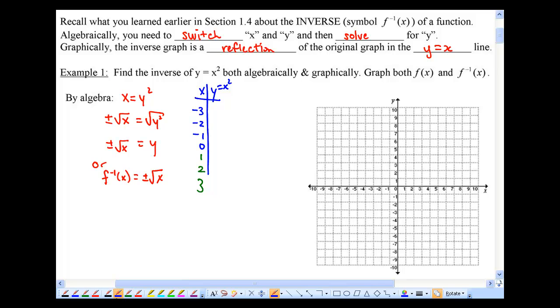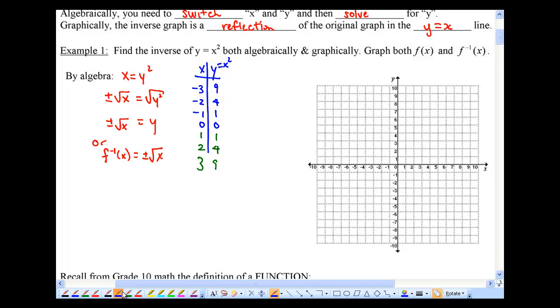Taking all the x values and squaring them. 9, 4, 1, 0, and then 1, 4, 9. I will ask you to sketch this out right now. Negative 3, comma 9, negative 2, comma 4, negative 1, comma 1. There's 0.